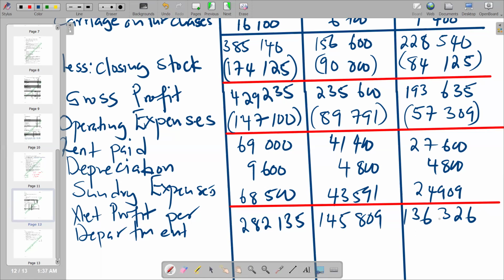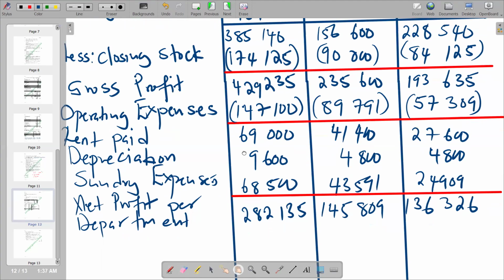So this is our net profit. So if you add the two figures, you are supposed to get your 282,135. So we can just try to verify that. So you get that is the correct answer that you get.